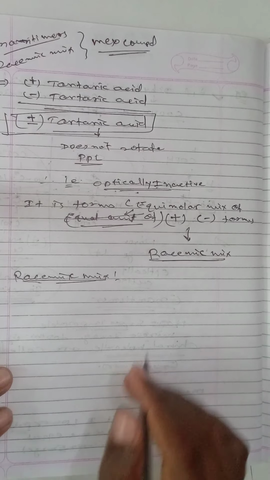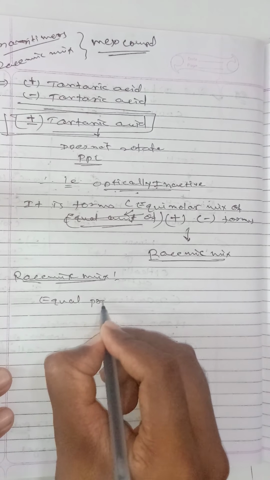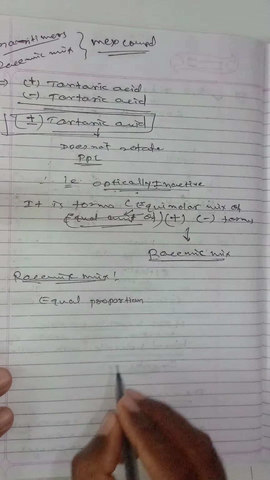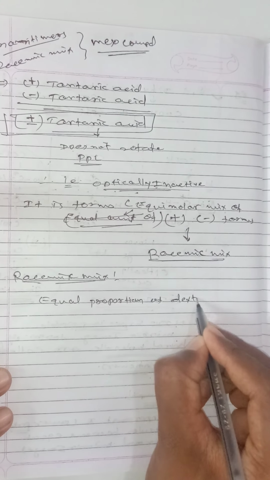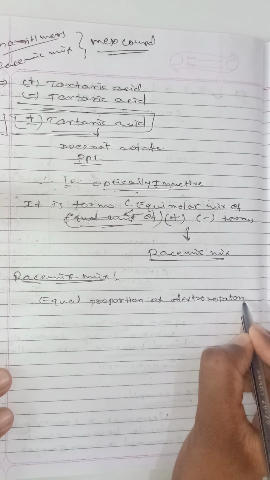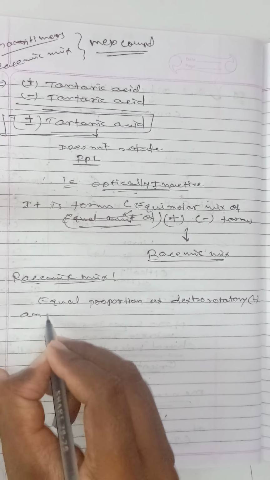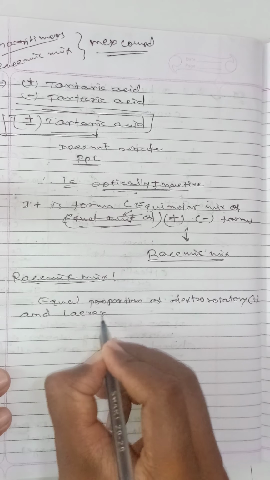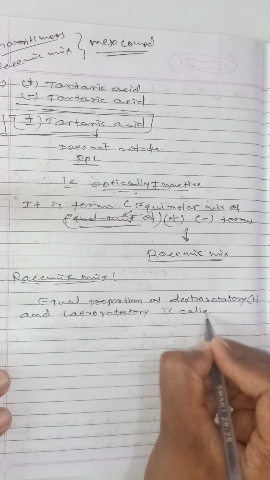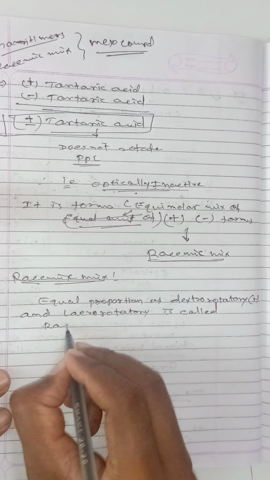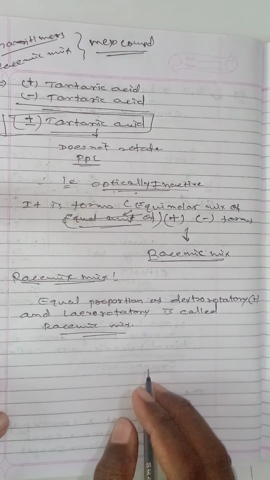An equal proportion of dextrorotatory and levorotatory forms is called a racemic mixture.